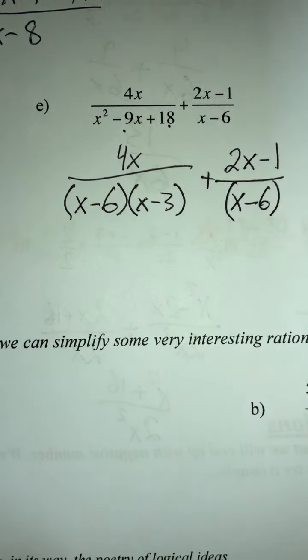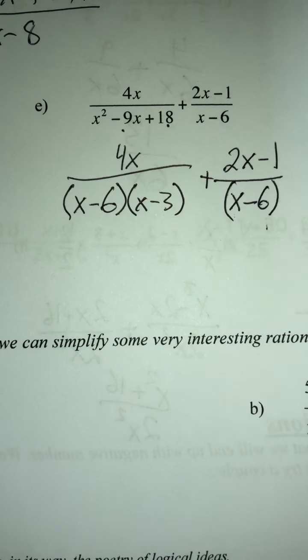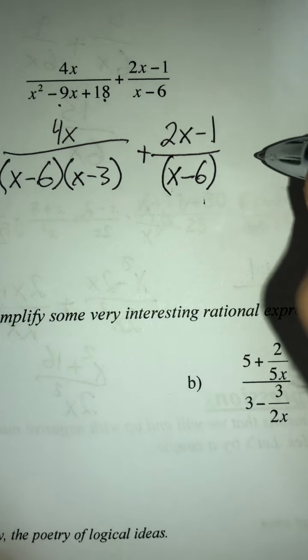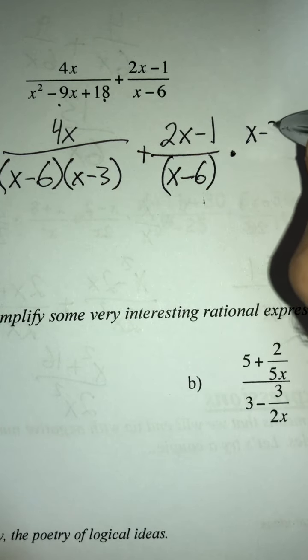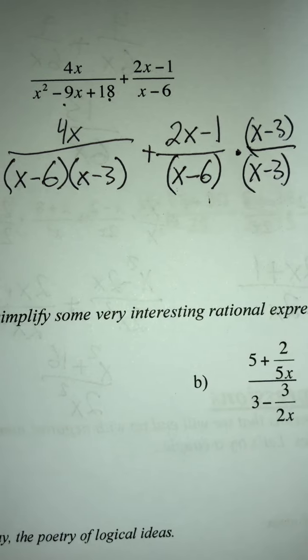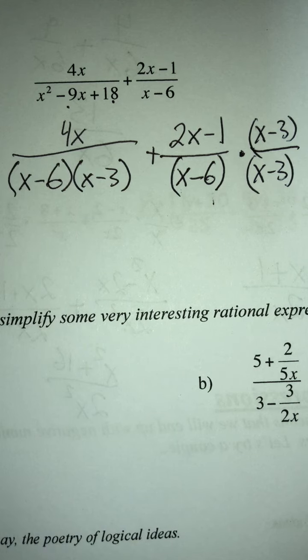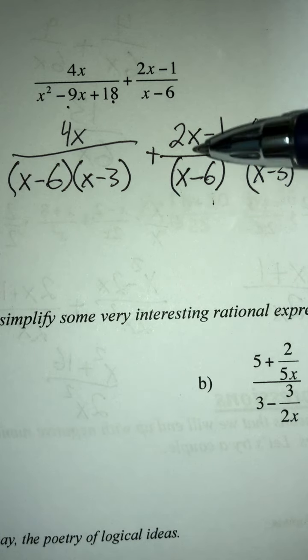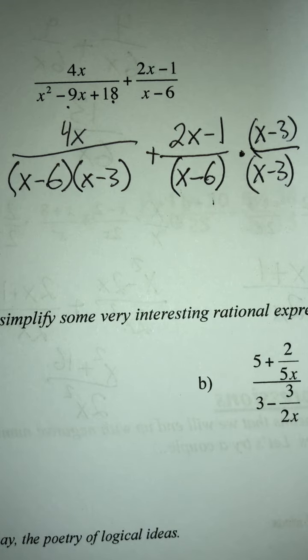So notice I've got an x minus 6 on both of these. So I just need to multiply this one by x minus 3 over x minus 3. And then you'd work out from there. So I'm not going to do this one farther. You've seen a few examples of this. You just multiply this and combine the terms. Just to make the video a little bit shorter this time.